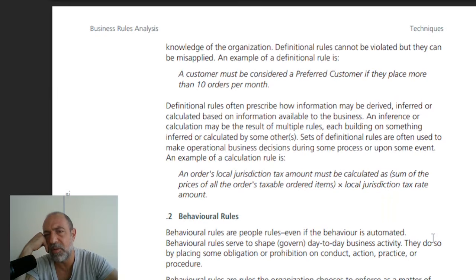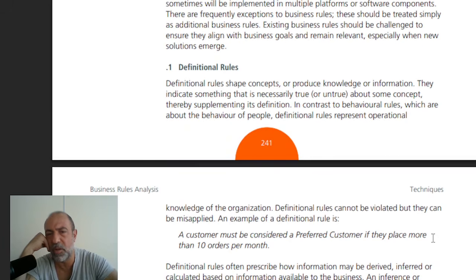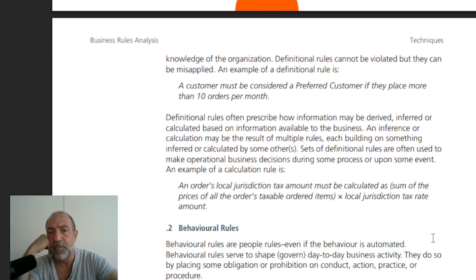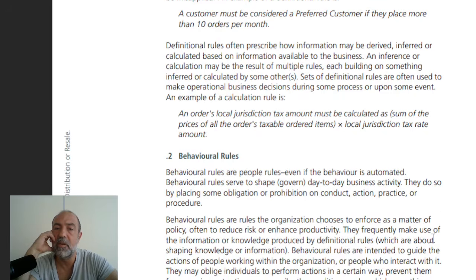Definitional rules cannot be violated, but they can be misapplied. An example for the definition, okay, so I thought they were doing the switch between definitional rules and operational rules, but that wasn't the case. A customer must be considered a preferred customer if they place more than 10 orders per month. That's a rule, right? That's a definitional rule.